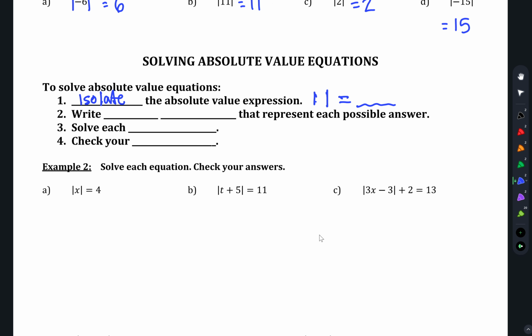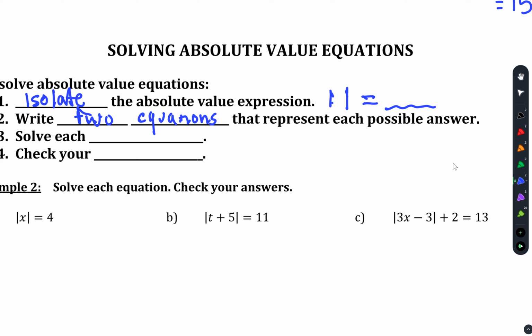Once our absolute value symbols are isolated, then the next step is to write 2 separate equations. Something happened to my pen here. 2 separate equations that represent each possible answer.